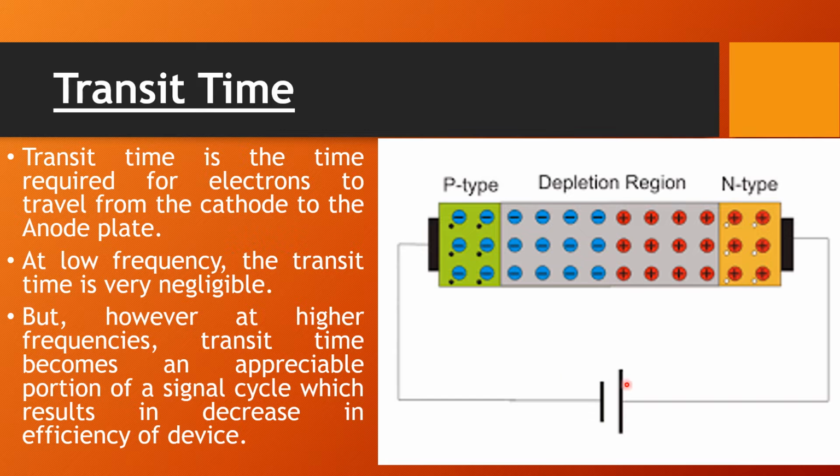If the frequency is high, the positive cycle and negative cycle come so fast, because frequency and time are inversely proportional. Let's suppose there is a gigahertz frequency, so the changing cycle will be within nanoseconds, and if the transit time is in microseconds, there is a problem.